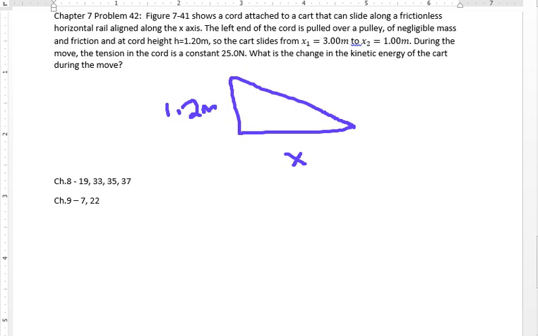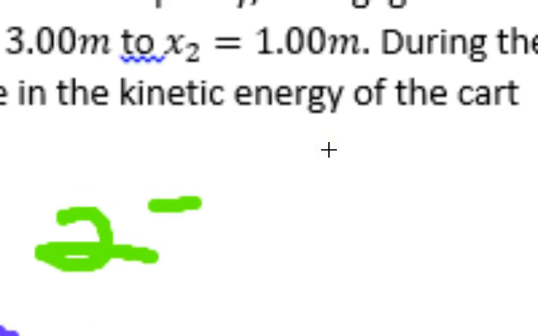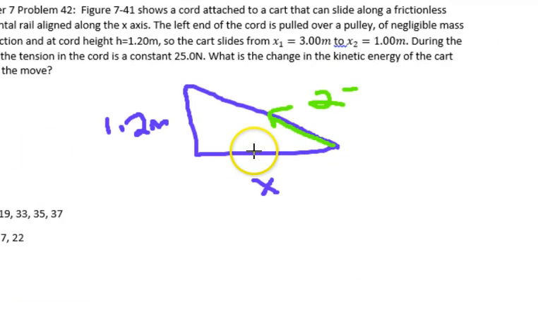And we have a tension force that's directed that way, and that is 25 newtons. Apologize for that.